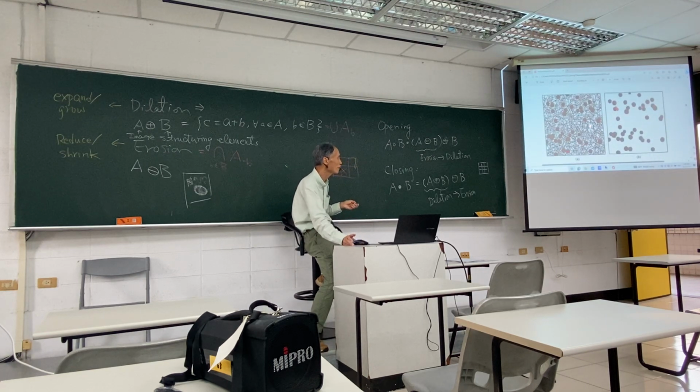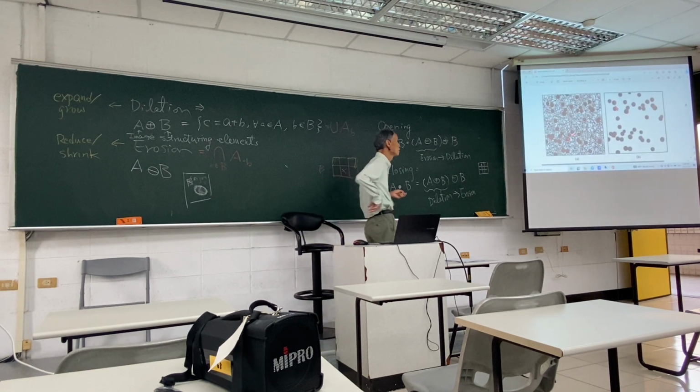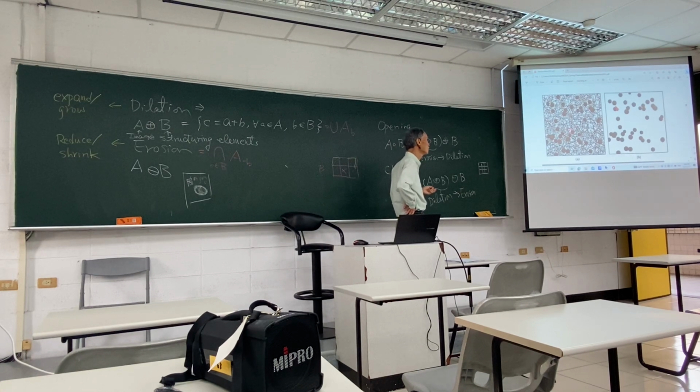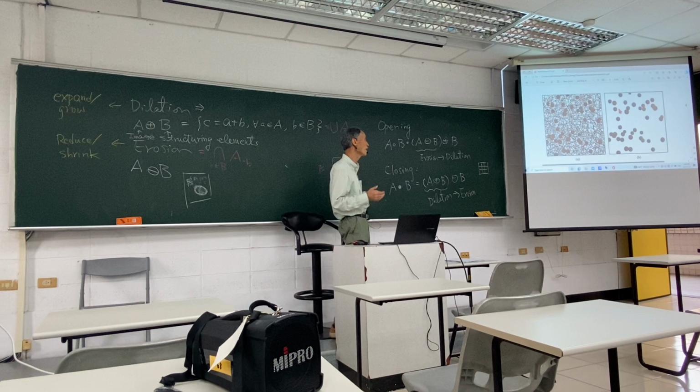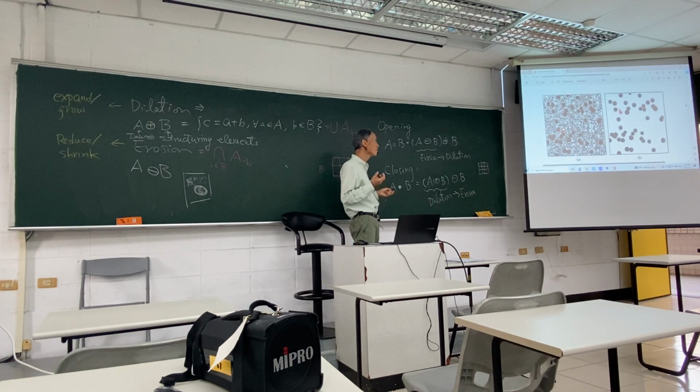Here's another good example. We have a random line in the background with some circle, okay? For this application, what should you do to remove the random line?